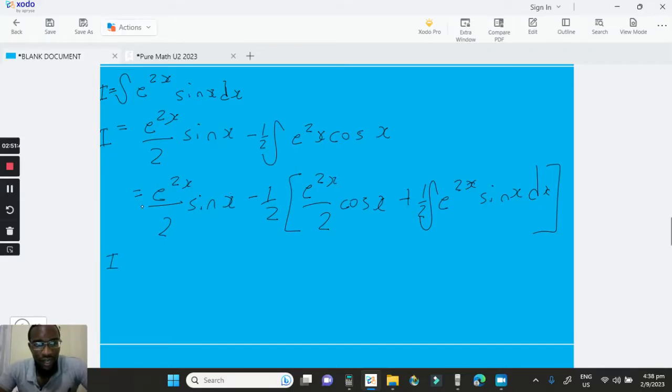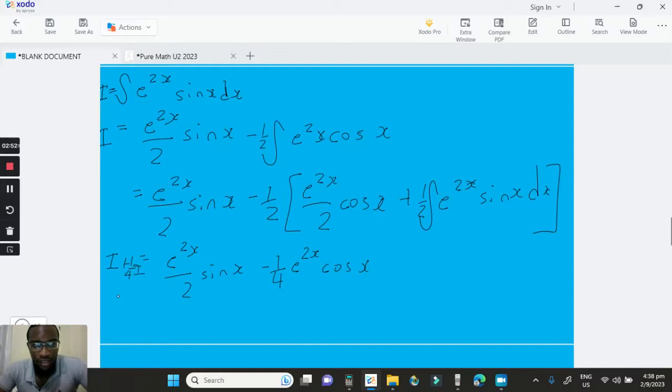We basically have I right here and e to the 2x over 2 sine x minus a quarter e to the 2x cos x. And this right here, the half and half is minus quarter. Bring over minus quarter, it becomes plus quarter I over here.